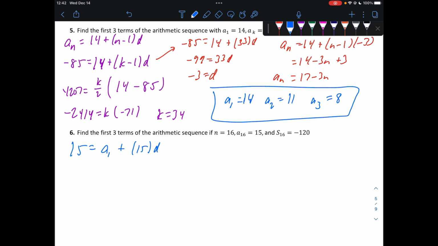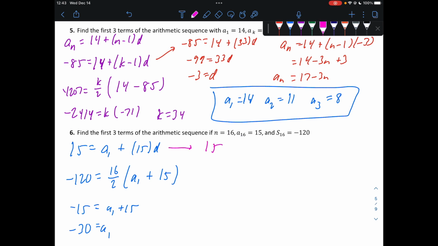And if I know s sub 16 is negative 120, I can write negative 120 equals 16 over 2 times a1 plus a sub 16, which is 15. Okay, solving that for a sub 1, I would get negative 120 divided by 8, which is negative 15. Subtract 15, a sub 1 must be negative 30. Put that back into here. We get 15 equals negative 30 plus 15d. So 45 equals 15d, and d is 3.